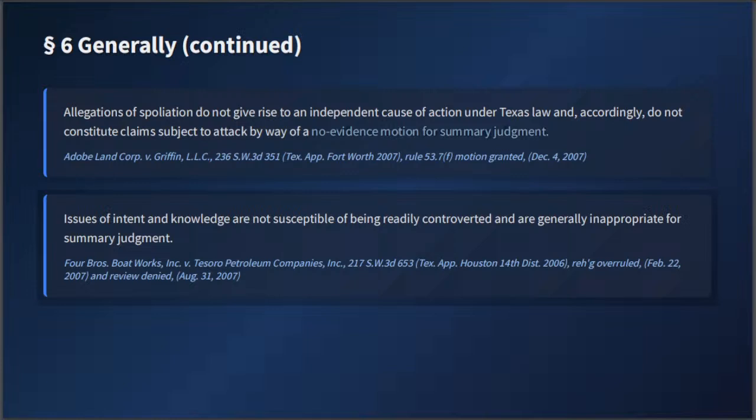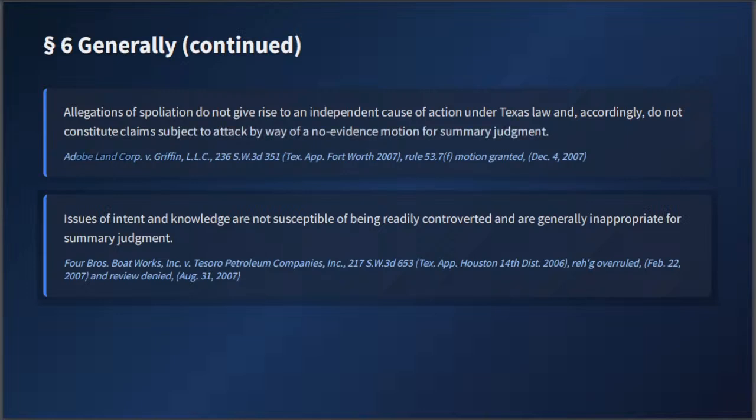We talk about spoliation, which is basically taking something illegally or by unethical means, but allegations of that do not give rise to the independent cause of action under Texas law. So an illegal taking, right? Allegations of that don't give rise to the cause of action, and accordingly do not constitute claims subject to attack by way of a no evidence motion for summary judgment.